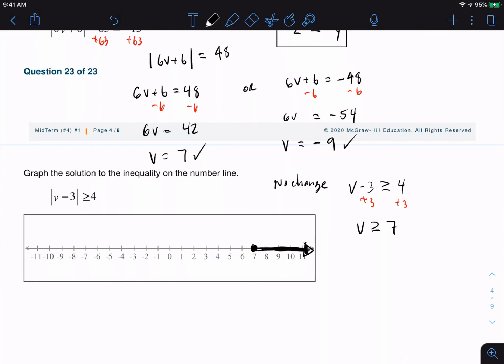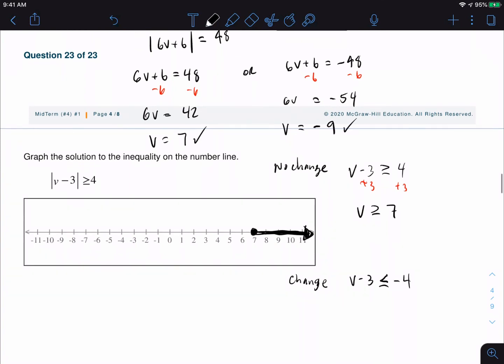Then the other one is where we do make a change, and that is I'm going to get the absolute value of v minus 3. The absolute value is dropped. I have to flip the inequality and then change the 4 to a negative. And then I've got to solve it like I normally would, right?